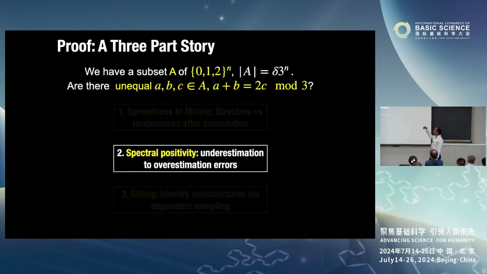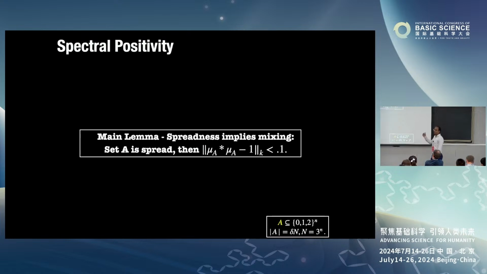So now I tell you how you prove this main claim, spreadness implies mixing. We're doing both of them at a high level. Before this, I'm going to switch to the contrapositive. Okay, contrapositive: if the convolved density is far from the constant one function, then you are not spread.